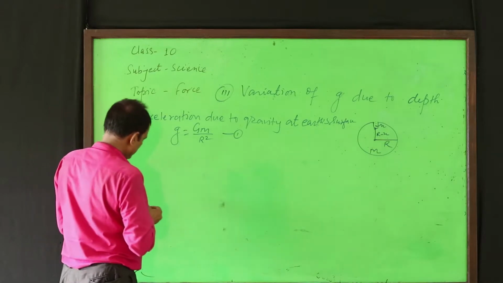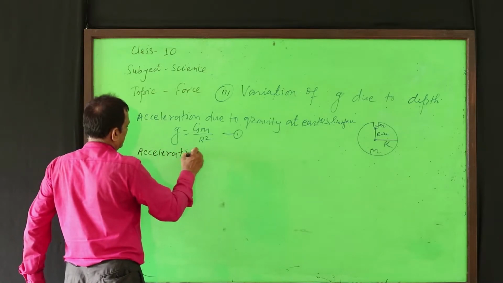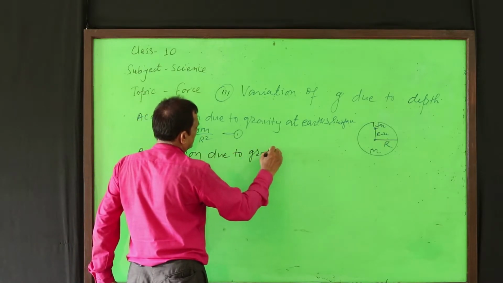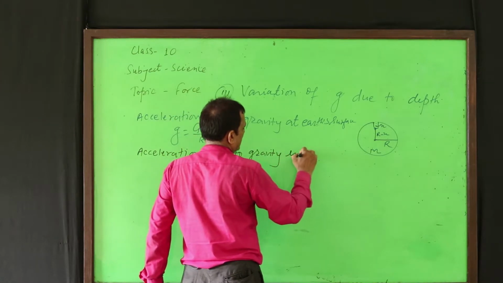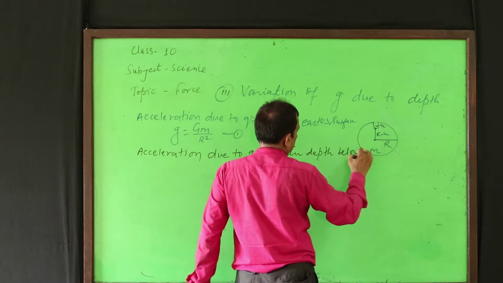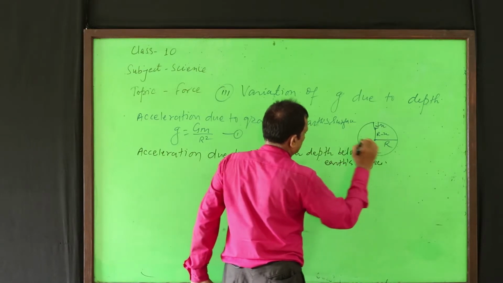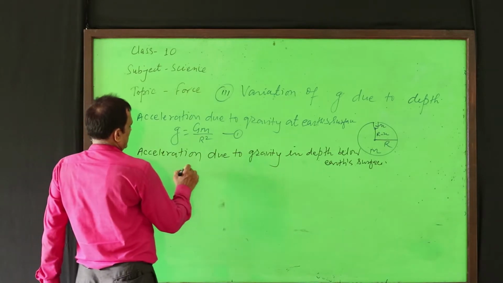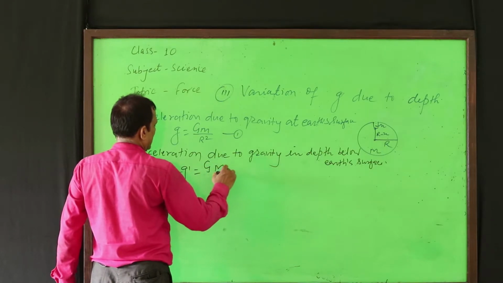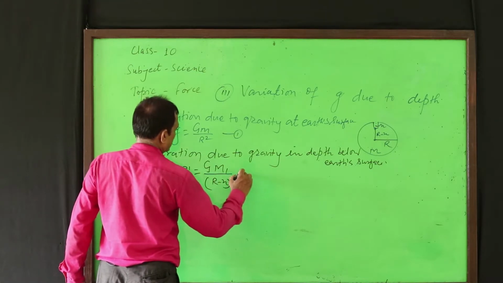The other way, acceleration due to gravity in depth below the earth's surface, g dash equal to G M1 by R minus x whole square.